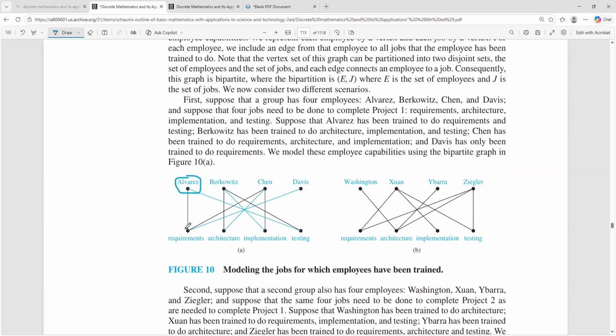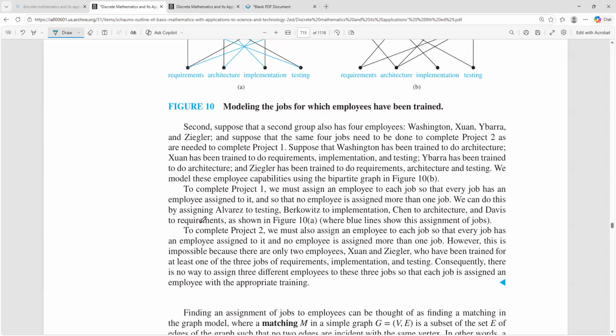If I were to match someone to jobs, I can't match Alvarez to requirements in architecture, because if that's the case, then one of the other ones doesn't get a job. And multiple people doing the same job doesn't really make sense.